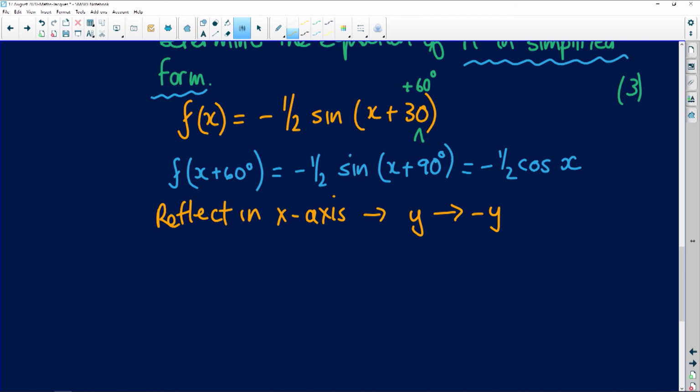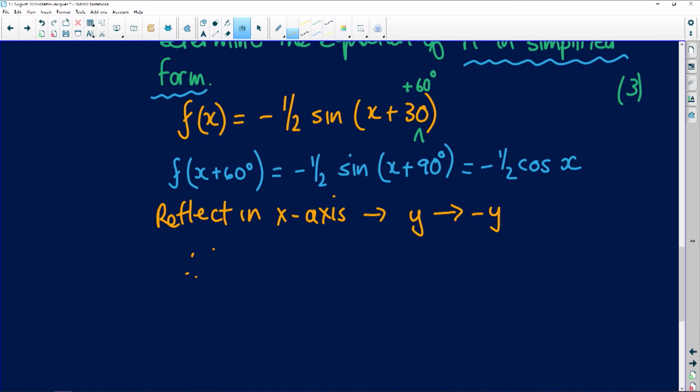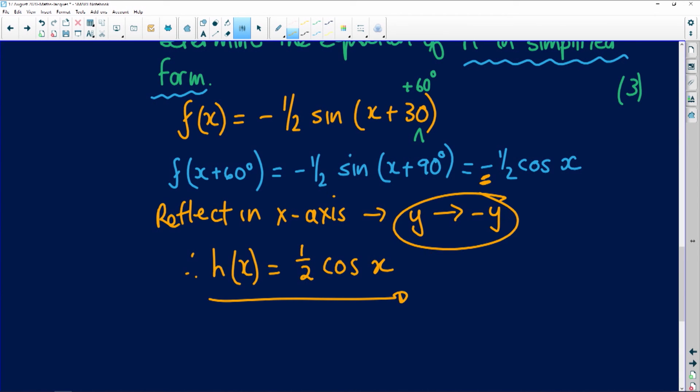So basically, the sign changes in this case. Okay, so what happens? h of x is then going to be a half cos x. The only thing that happens there is this applies to that negative. It disappears. The negative becomes a positive. And our final graph is a half cosine x.